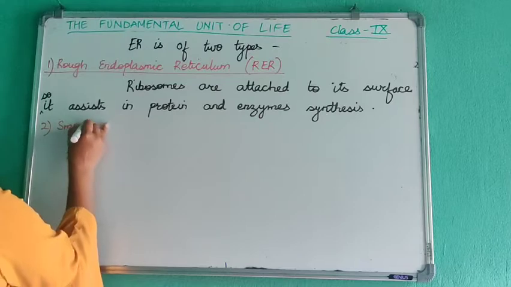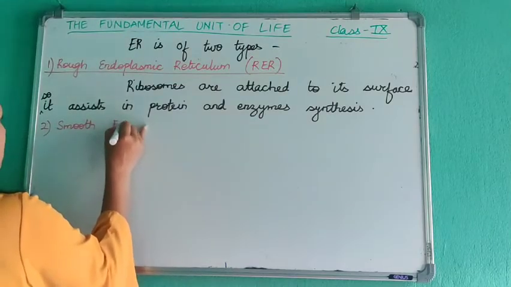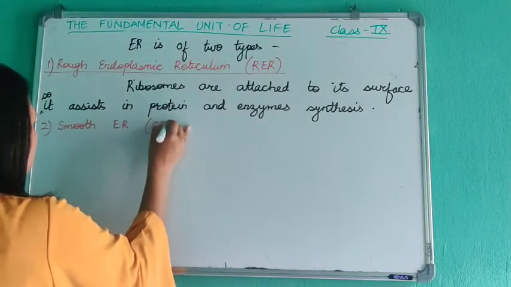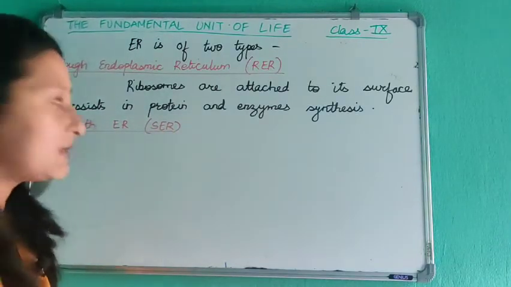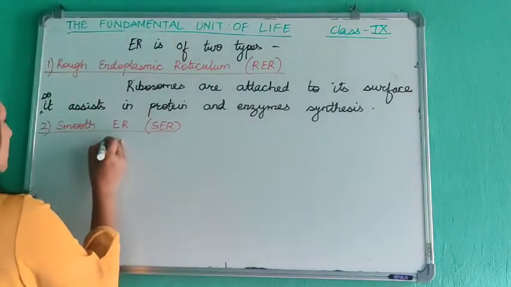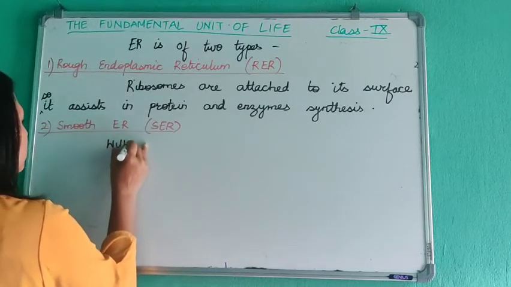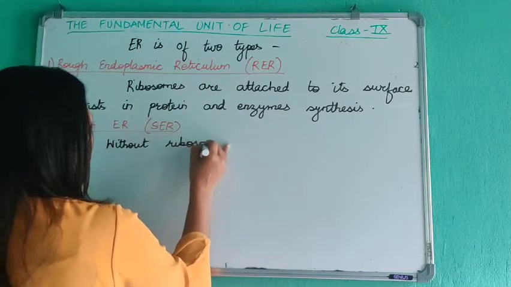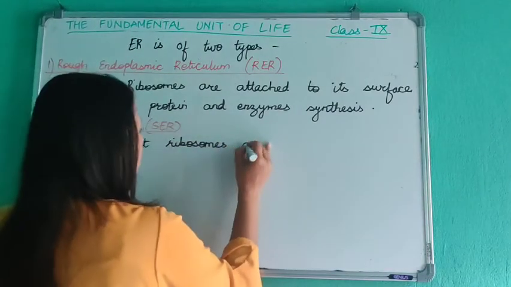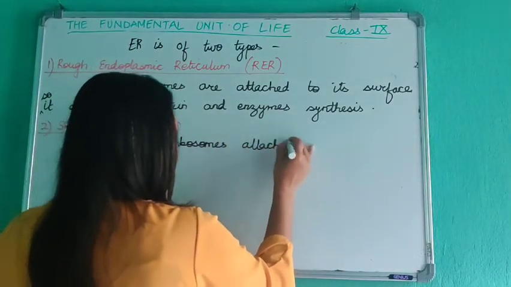smooth endoplasmic reticulum. I'll write the short form. Smooth endoplasmic reticulum. So here there are no ribosomes attached to its surface. भनेको यहाँ यिनीहरुको surface मा चाहिँ ribosomes हुँदैन. Okay, ribosomes attached भएको हुँदैन.